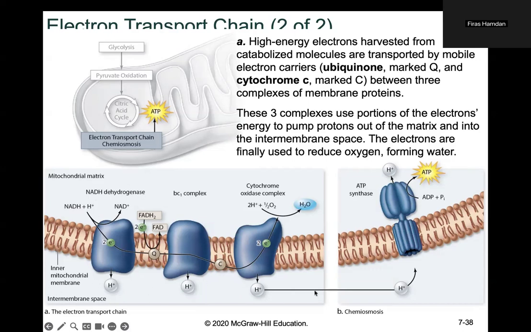So you're creating a high concentration gradient in your intermembrane space, and you're allowing them to go through passive transport. They're going through ATP synthase, and this is now powering ATP.